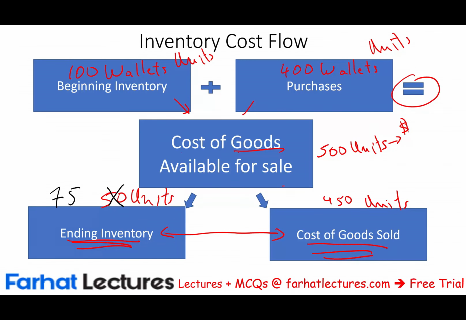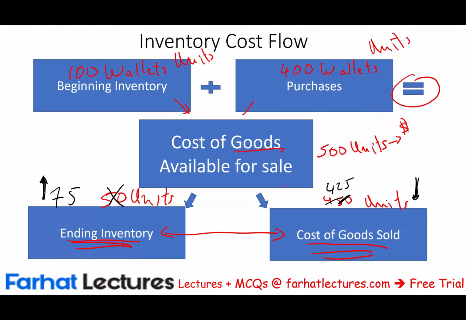If they counted 75 units, what does that mean? Then we would assume that we sold 425 units.